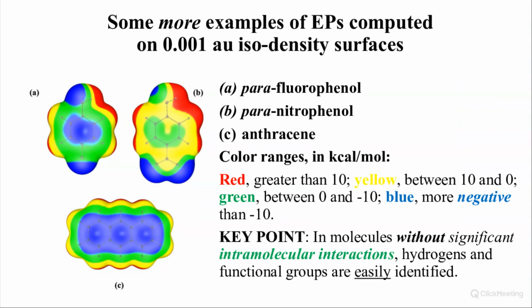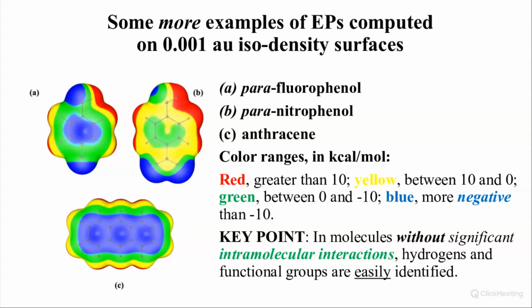Okay, I'm showing very quickly some electrostatic potentials on the 0.001 isodensity surfaces of, the top one is parafluorophenol, then paranitrophenol, and then anthracene.